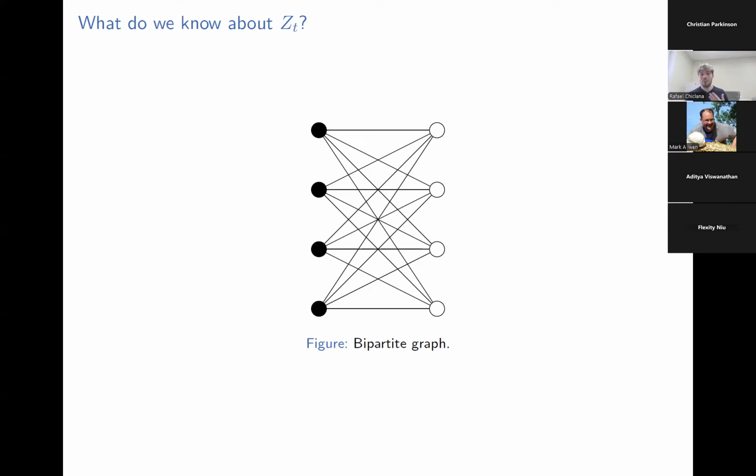And same thing as before. Even if it's not bipartite, even if it's almost bipartite, we would have issues because this would be a case where ZT is most of the time taking the value 0, 1, 0, 1, 0, 1, 0, 1. And then sometimes we will have a 1, 1 when this edge is used, but that would be a very small fraction of the cases.